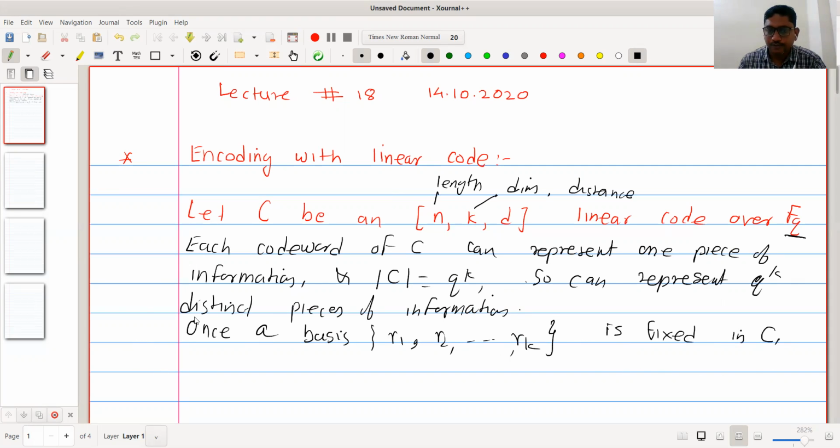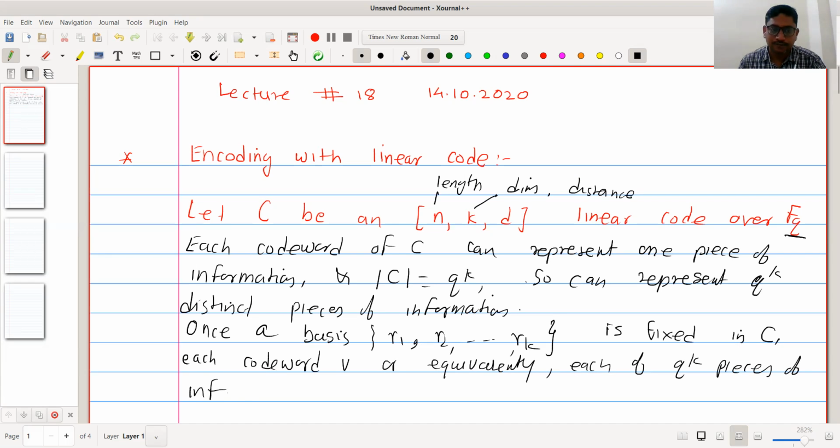each code word V, or equivalently each of the q to the power k pieces of information, can be uniquely written as a linear combination.